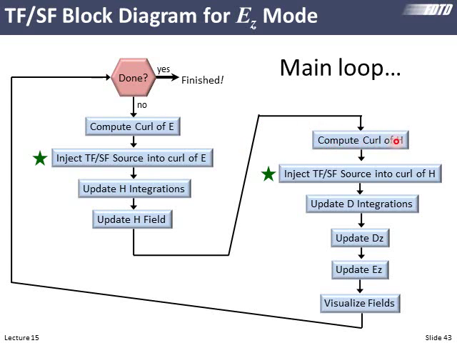Then we'll calculate the curl of H. Once we're done, we loop across the grid and inject those little correction terms into that curl of H. That's the total field scattered field source, and the combination of these two is what launches our one-way source. Then, as usual, we update the D integrations, update the D field, update the E field, and maybe visualize our fields. And we march this over time.